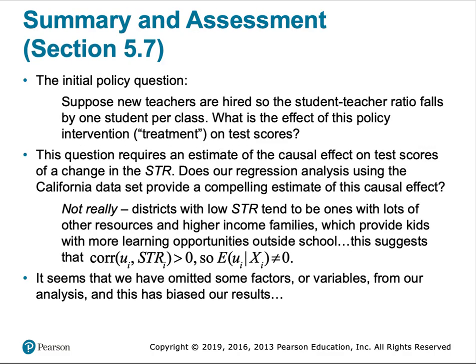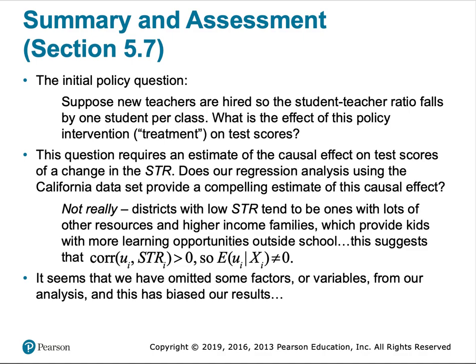Now let's conclude this chapter. We had an initial policy question. Suppose that new teachers are hired, so the student-to-teacher ratio falls by 1 student per class. We may ask, what is the effect of this policy intervention on test scores? We had a district superintendent who wanted to prove that decreasing the student-to-teacher ratio, the intervention or treatment, would lead to an increase in test scores.